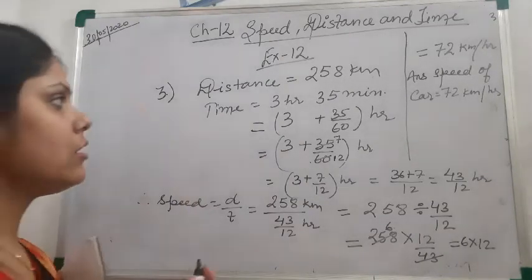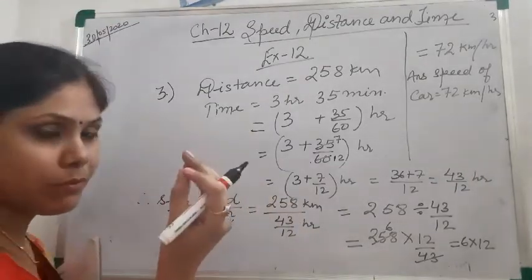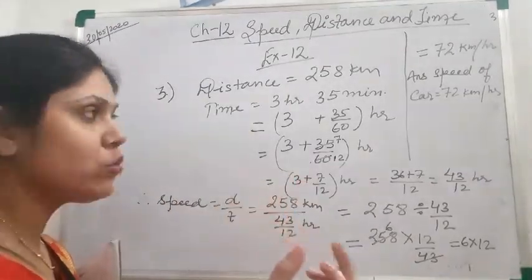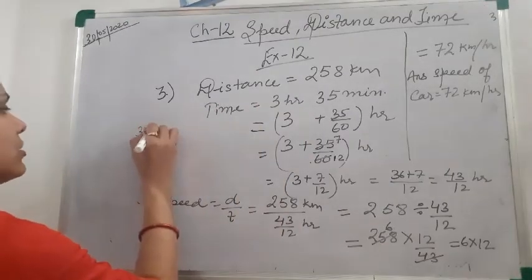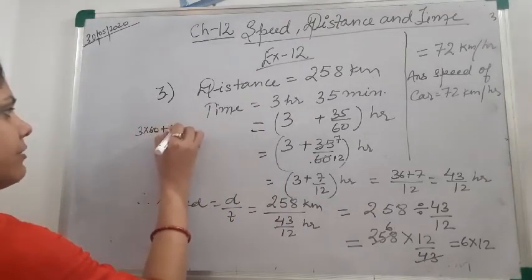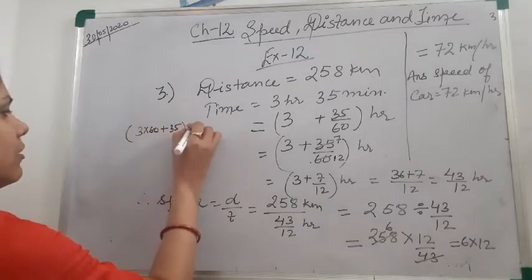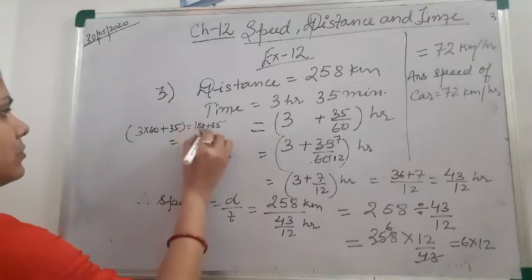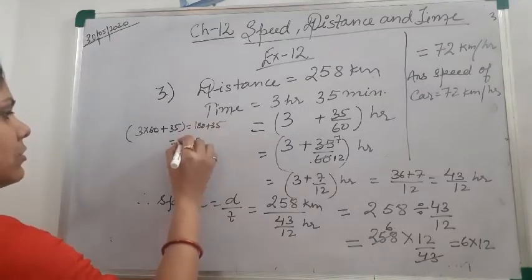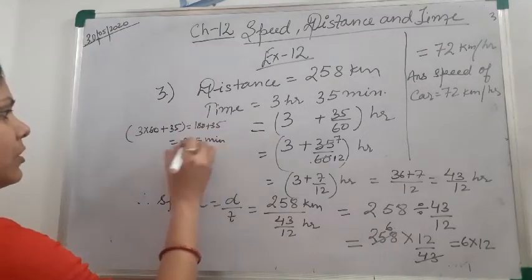Many of you can do conversion like this also, so please don't get confused. 3 hours into 60 plus 35: 180 plus 35 is 215 minutes.